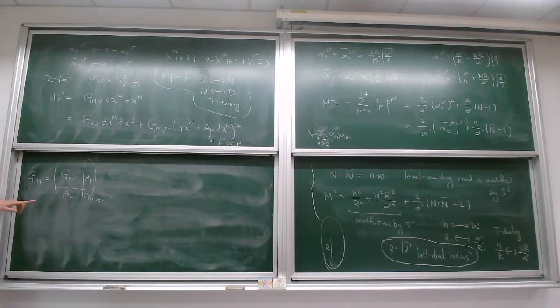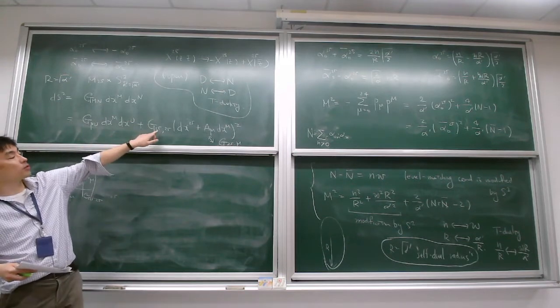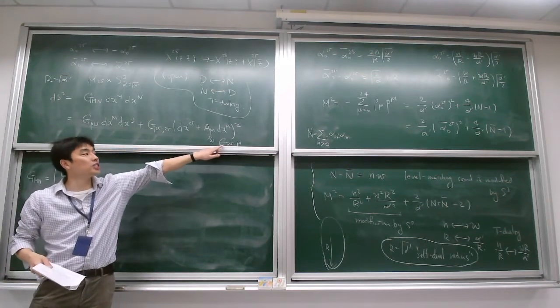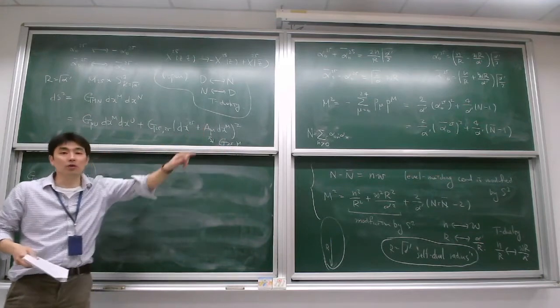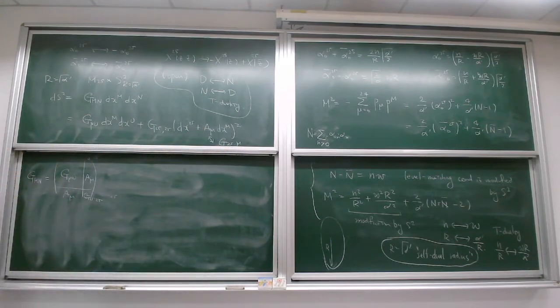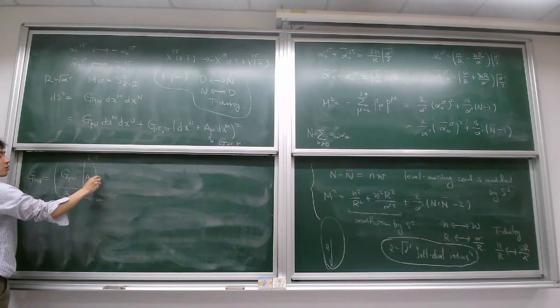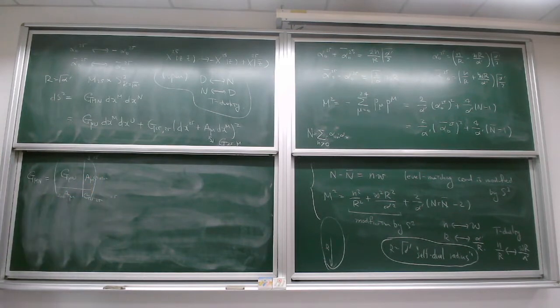And of course you have to do some scaling by G_25,25 between G_25 mu and A_mu, but you understand roughly what I'm doing, hopefully. Precisely speaking, I think this should be G_25,25. That's the decomposition.